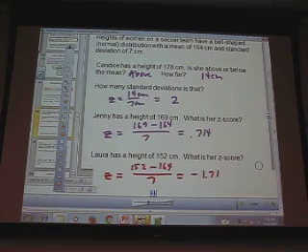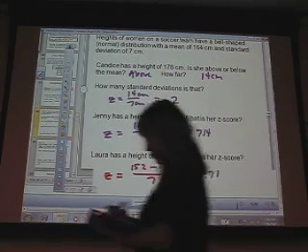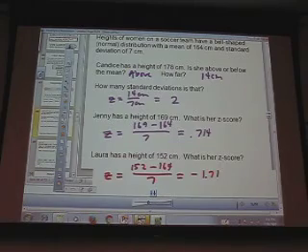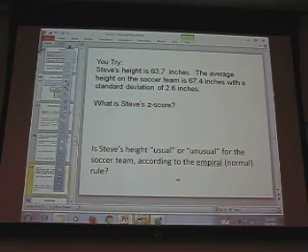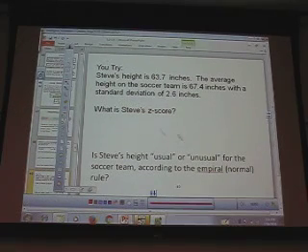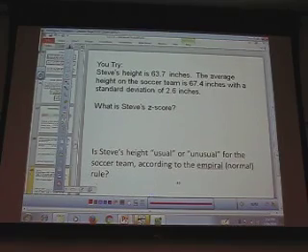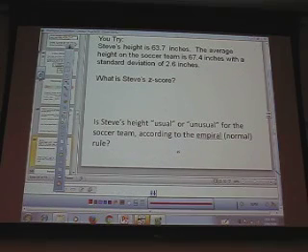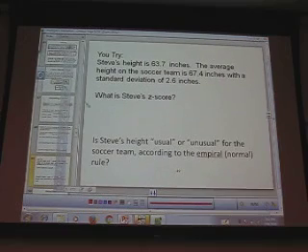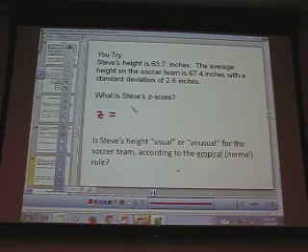All right, so you guys find Steve's. Take a look at Steve's. So how tall is Steve? 63.7.